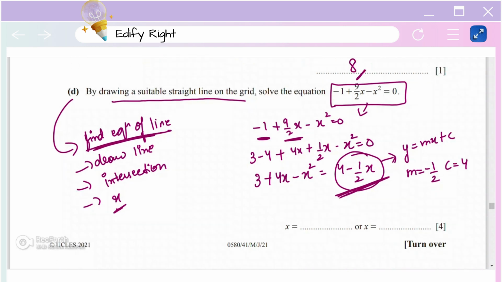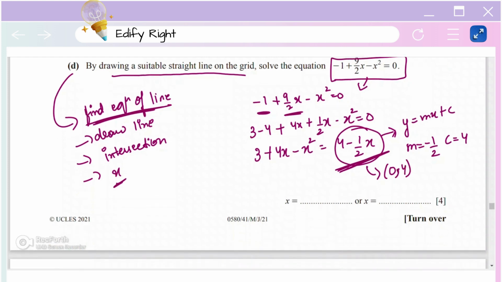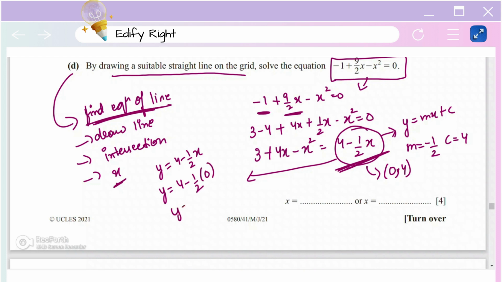So let's do that. Let my first point, let's just substitute x equal to 0. When I substitute x equal to 0, I get y equal to 4. If we take y equal to 4 minus half x and substitute x equal to 0, I get y equal to 4. So that's exactly how I got 0, 4.